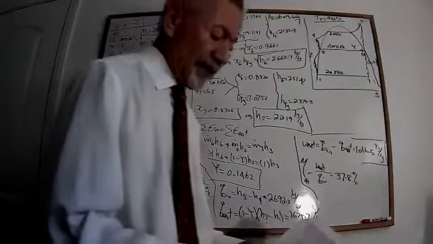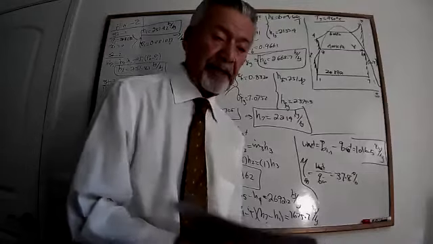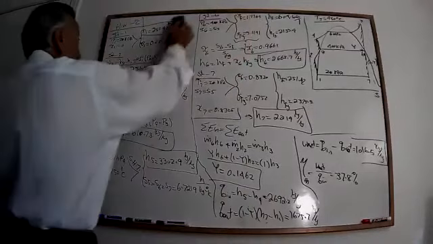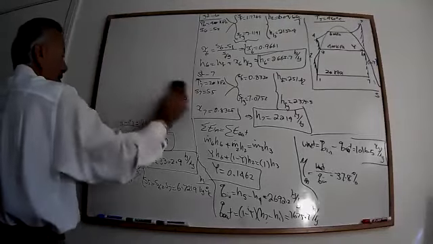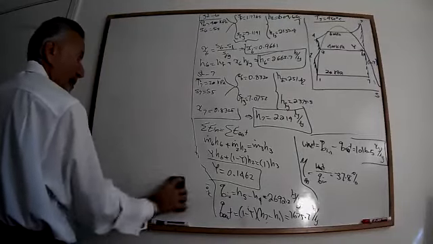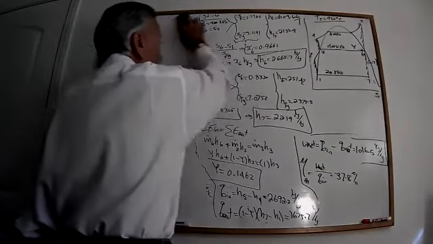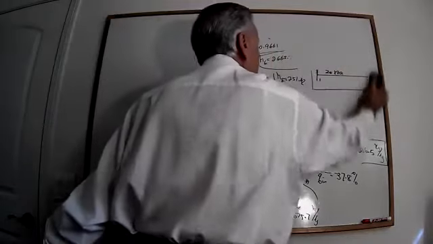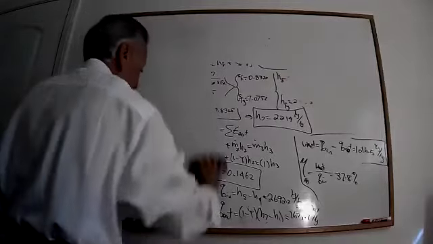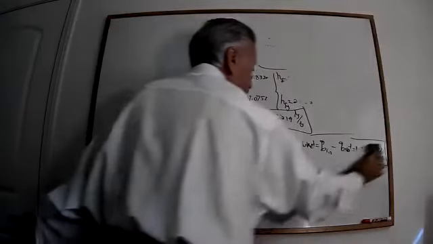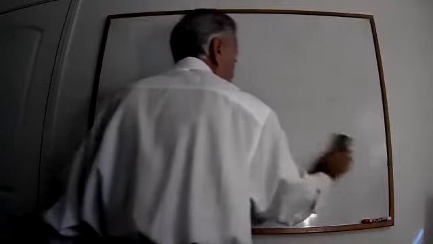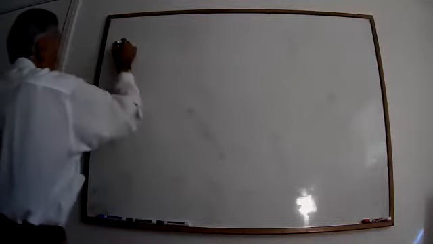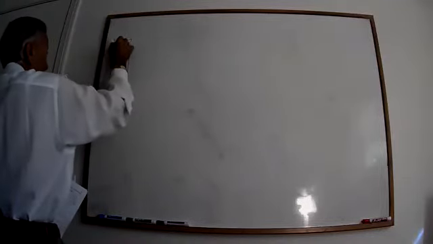Now, the next one is a little crazy cogeneration. I'm going to draw the diagram and I'll tell you why this kind of cogen is awkward and will never work. Now, if you look at the diagram, they have the boiler here.